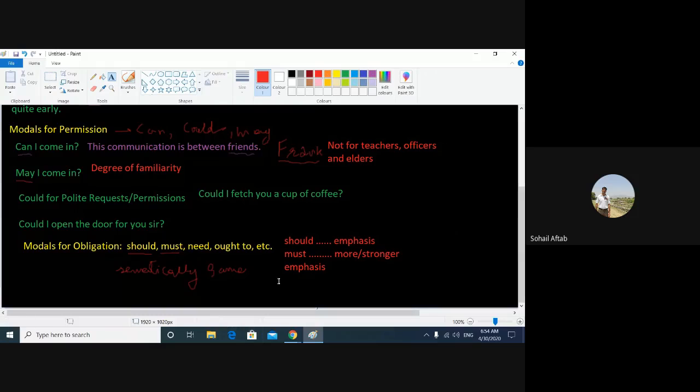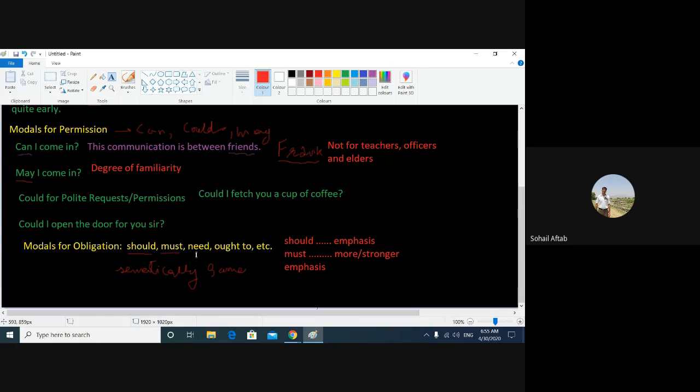Now the next we have is need and ought to, and then used to. There are three more left. But before that, I will cover them in my next lecture. Why? Because they need detailed discussions. I will make a point here for it and underline them: need, ought to, and used to.